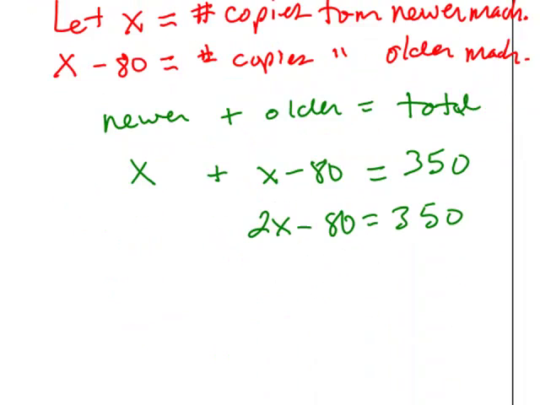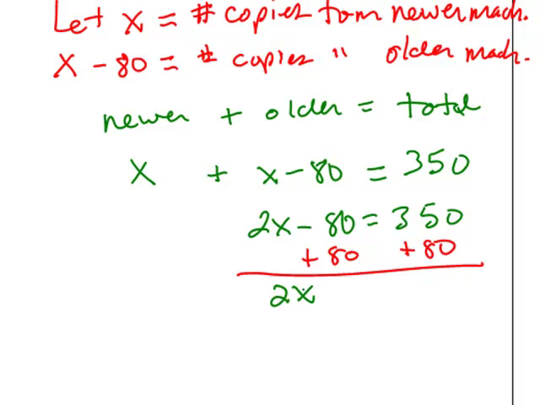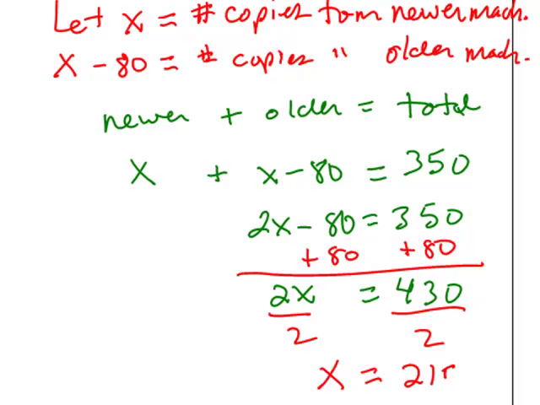Let's now go ahead and add 80 to each side. And it looks like we have here 2x plus 0 equals 430. When we divide each side by 2, we're going to have to do some long division, but we find out that x equals 215. I'll let you do the long division to demonstrate that.